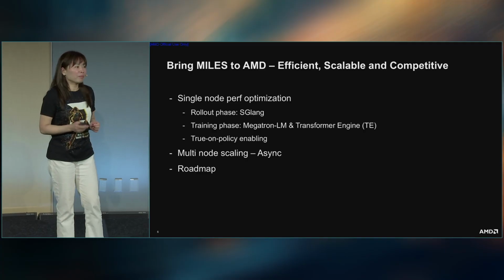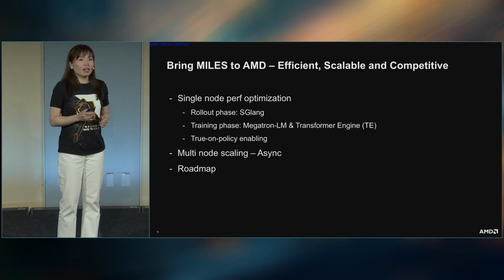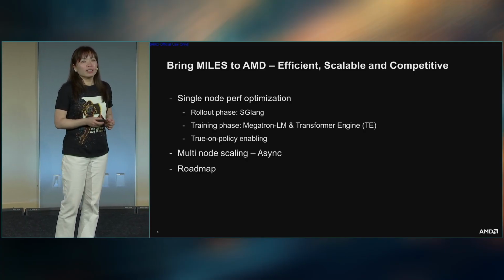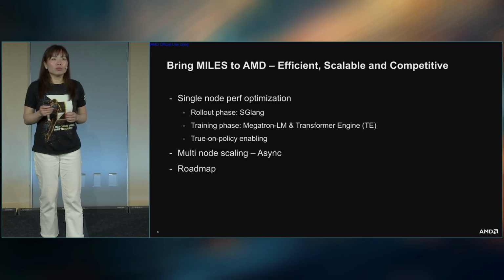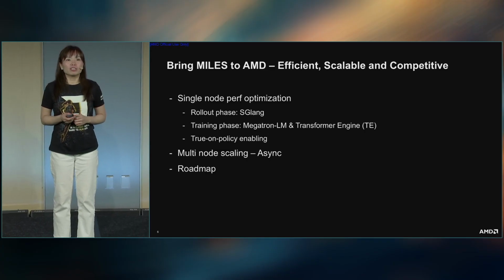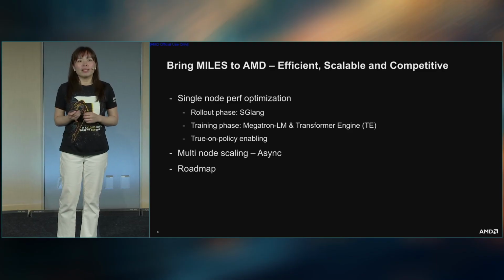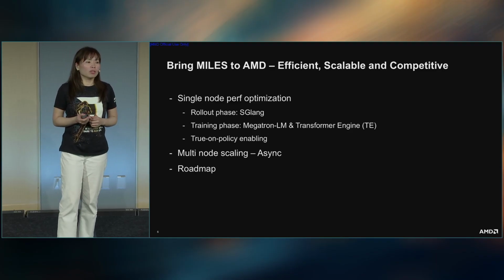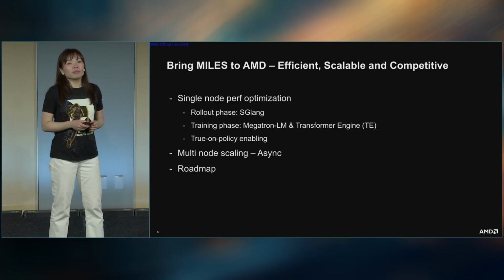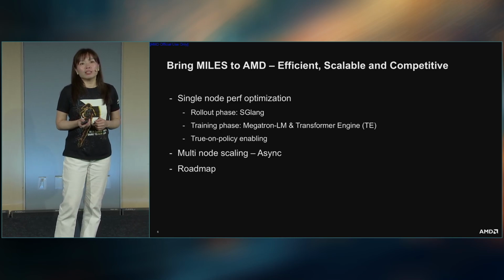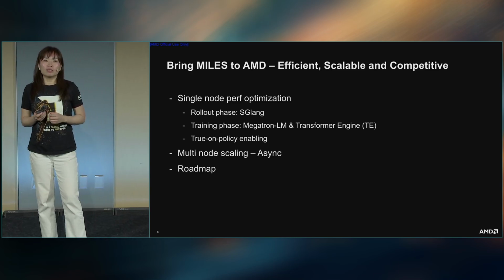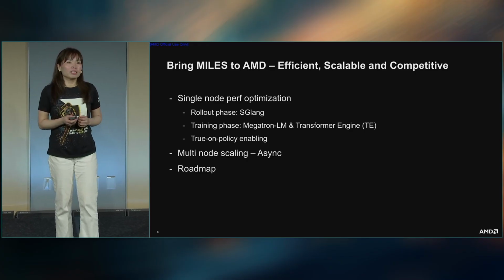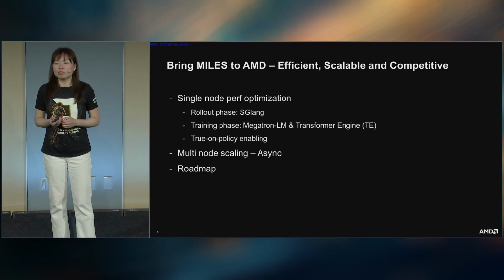So we want to optimize both sides of the system: SGLang for the rollout phase, Megatron-LM and Transformer Engine for the training phase. We are also enabling key features like true on-policy and R3. Beyond single-node optimization, we also scale to multi-node in asynchronous mode. Eventually, we are building a solid roadmap to position AMD as a strong platform for RL workloads.